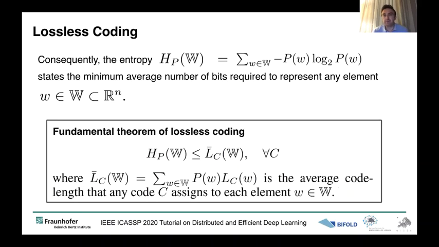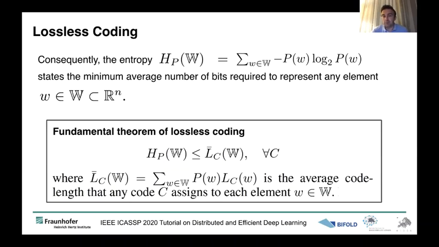And with this we can compute the entropy over a sequence and state that the entropy is the minimum average number of bits required to represent any element.